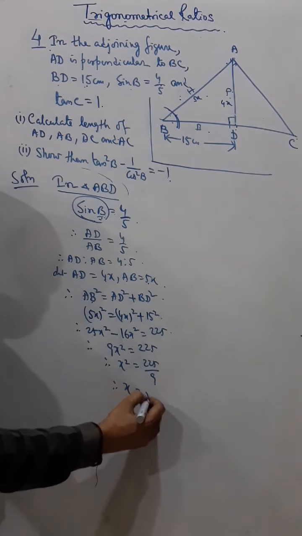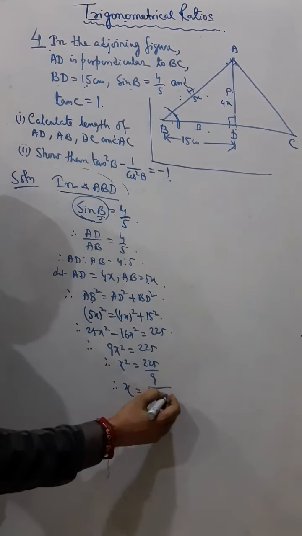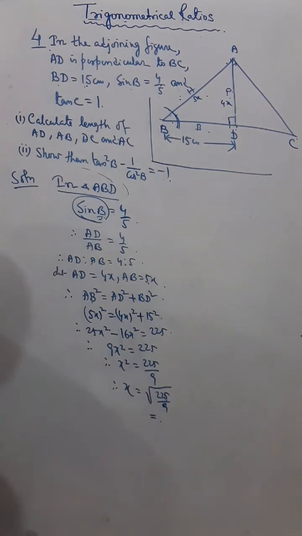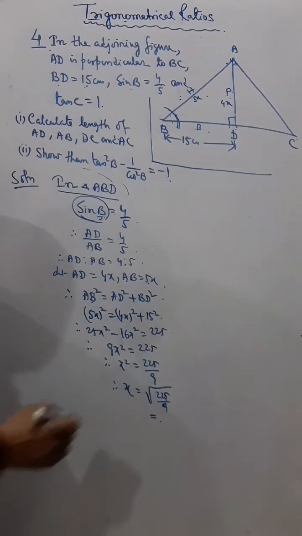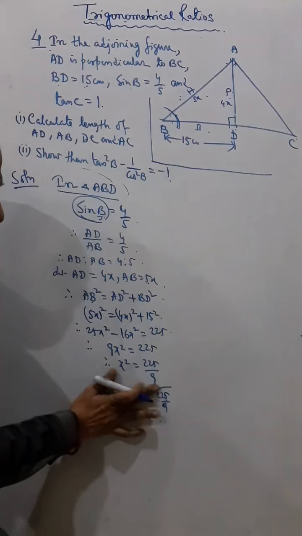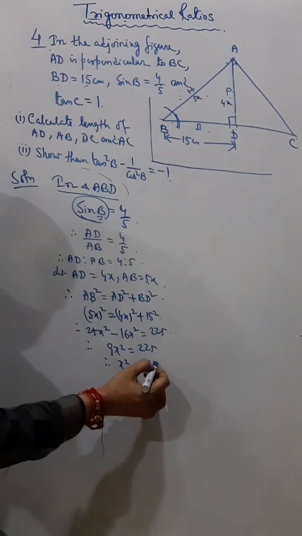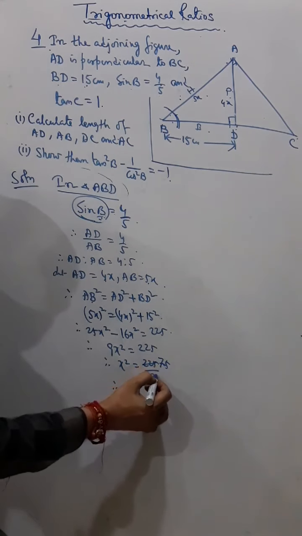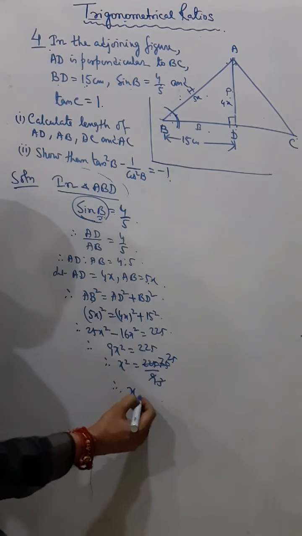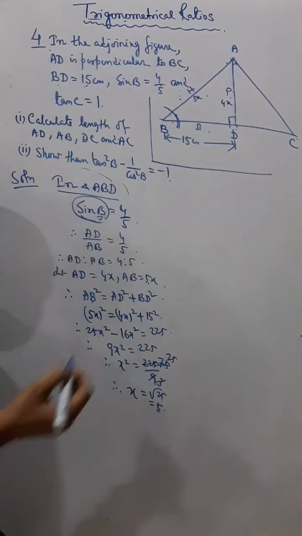And x equals root over 225 by 9. In fact you can directly cancel 225 and 9, with 3 you can cancel, and finally we get x equals root over 25, means x equals 5.